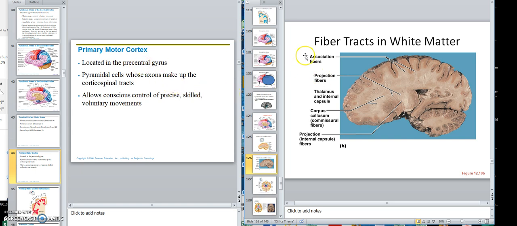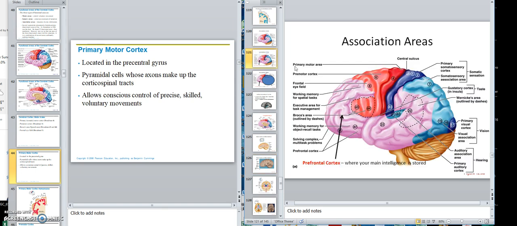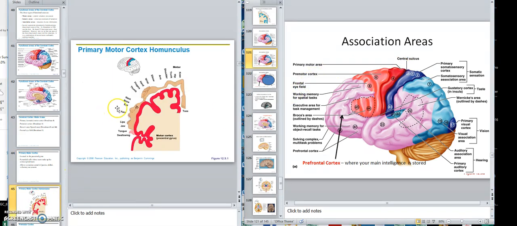But in the precentral gyrus, these right here going across, those in the cortex there going all the way across on both sides, in there would be the pyramidal cells. And those pyramidal cells would send their axons down, and the axons would be myelinated.